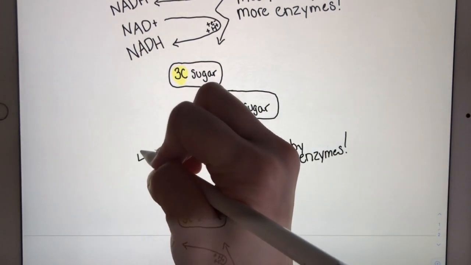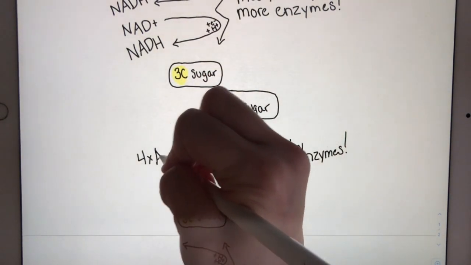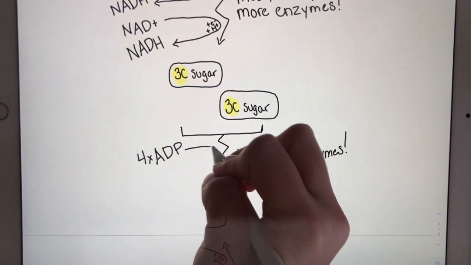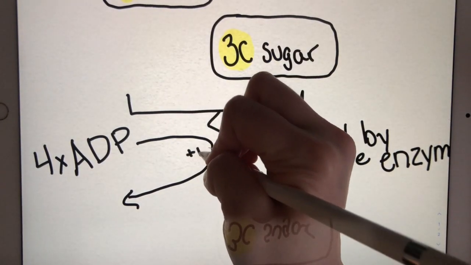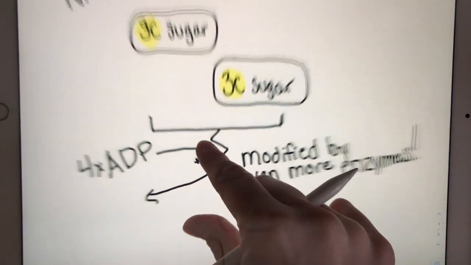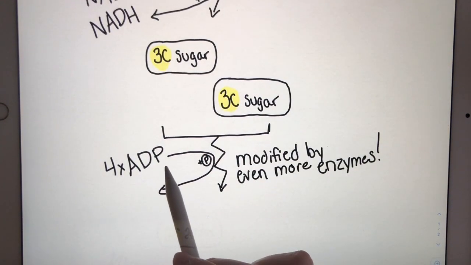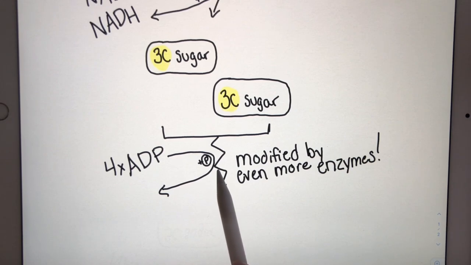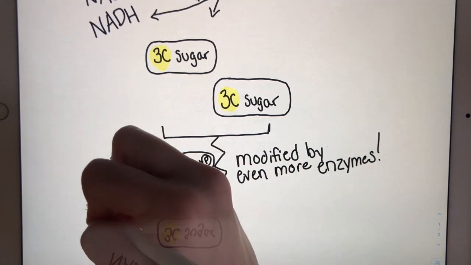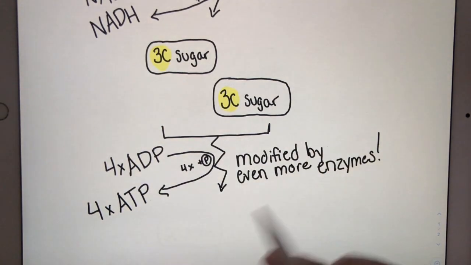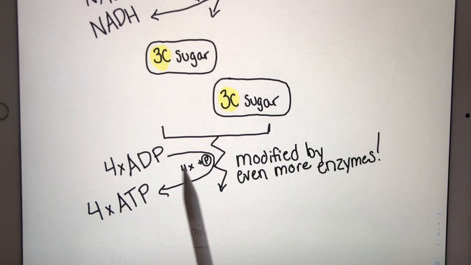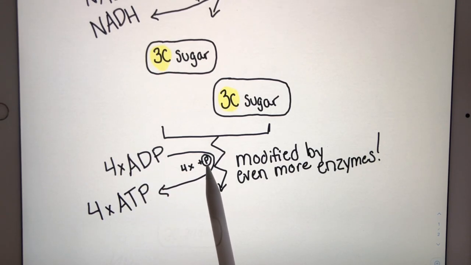This time, the enzymes are helped out by 4 ADP molecules. All 4 of these pick up a phosphate, and when adenosine diphosphate gets one more phosphate, the result is adenosine triphosphate. So 4 molecules of ADP each picked up 1 phosphate group. So what we get is 4 molecules of ATP.